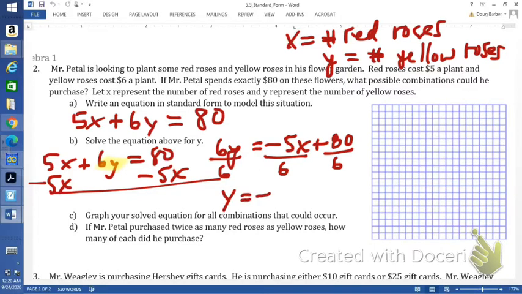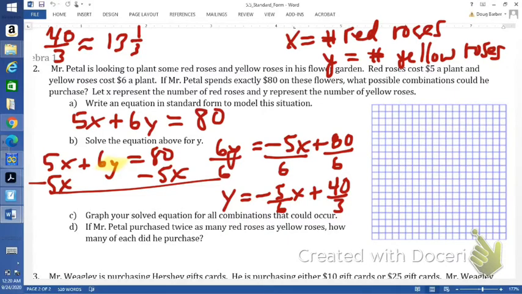So y equals negative 5/6 x plus 80 over 6. We can reduce by dividing top and bottom by 2, so it's going to give us 40 over 3, and we're going to have to remember this when we graph. 40 over 3 is approximately 13 1/3.